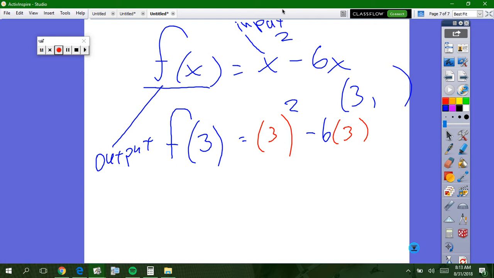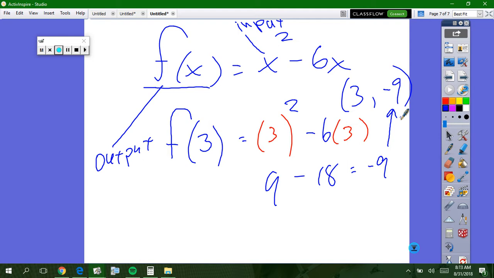All right, let's finish this out to find our output for this designated input that we put in, 3. 3 squared, 9 minus 18 is negative 9. Okay. Any questions on how to find using specific input?